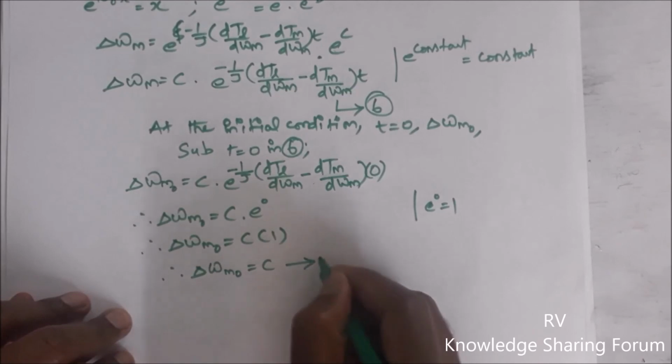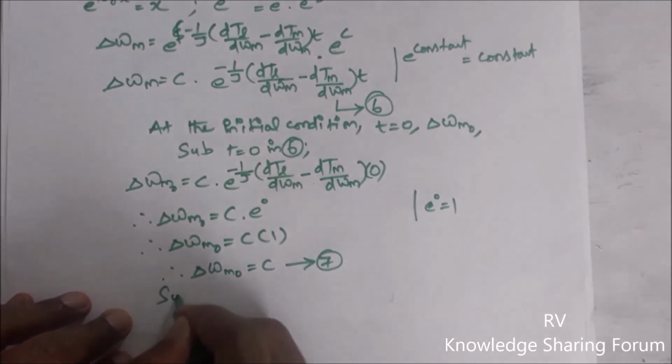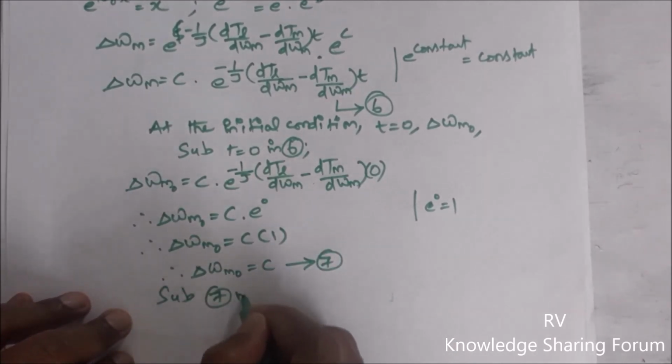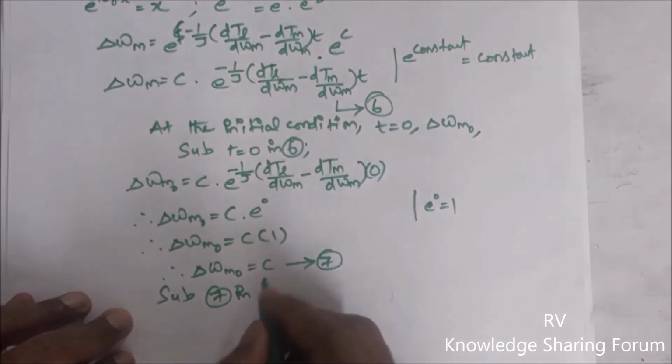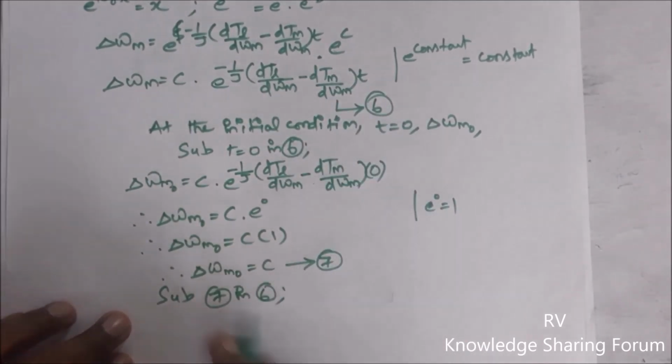Now let us number this equation as 7. Now substitute equation 7 in equation number 6. So what happens?